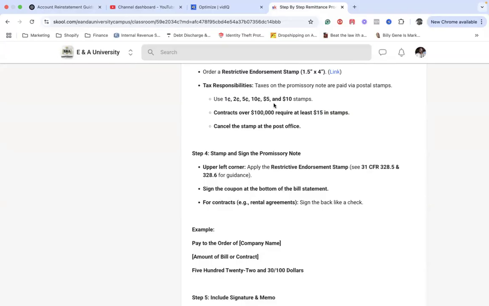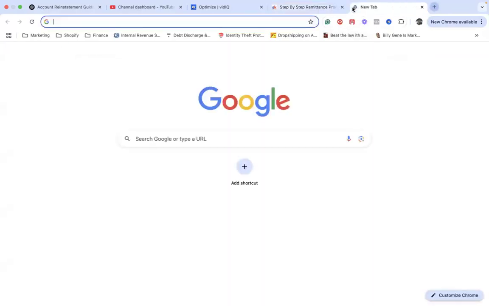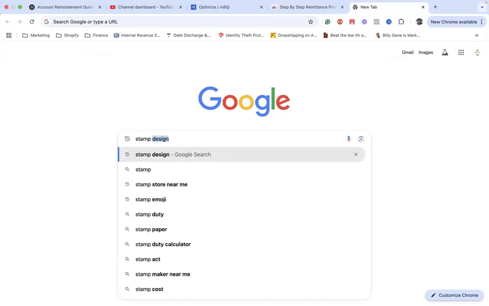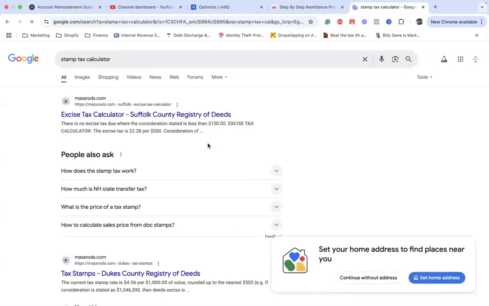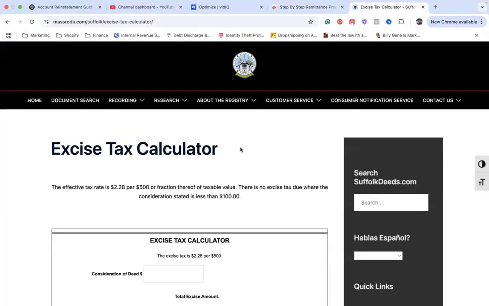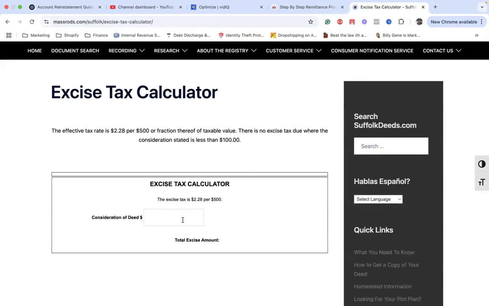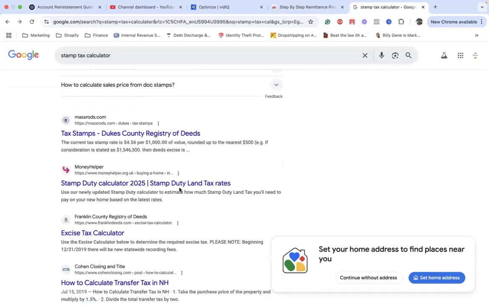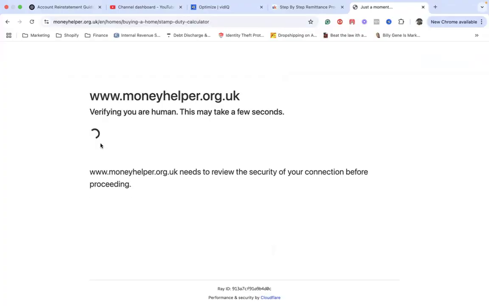Exactly. Now there's probably a way for you guys to find it if you search it up, stamp tax. No, that's not it. You know what?